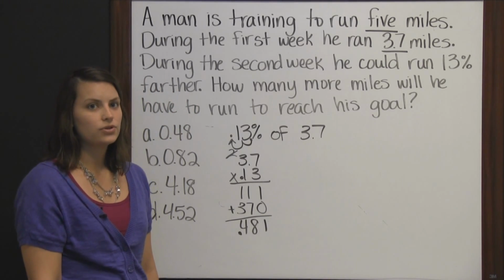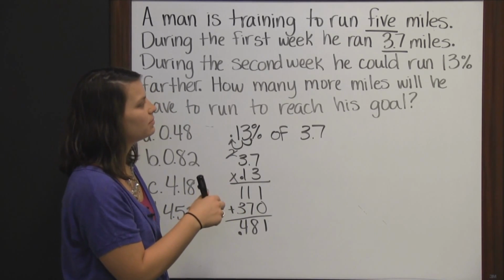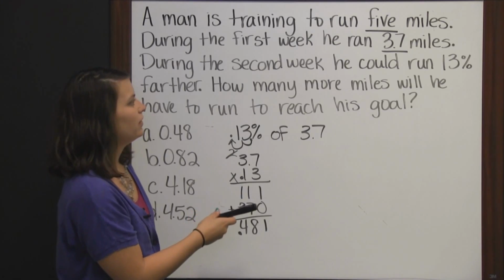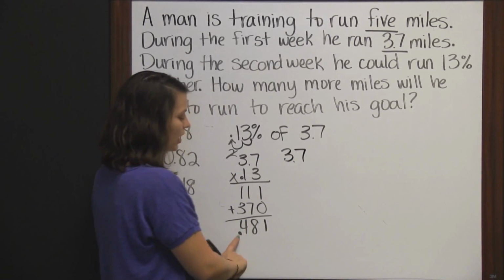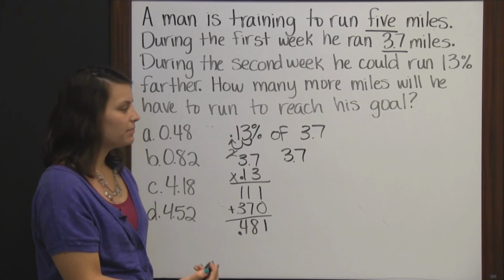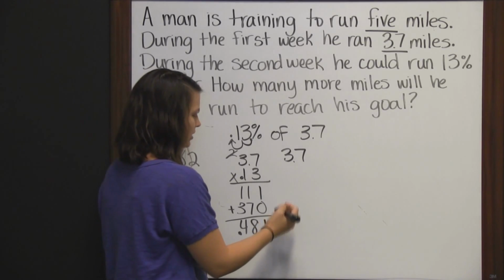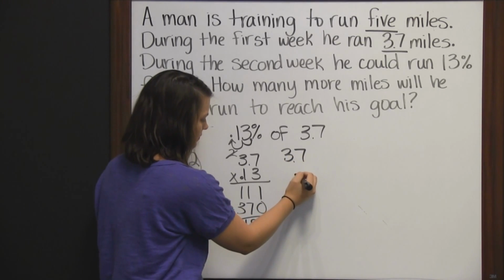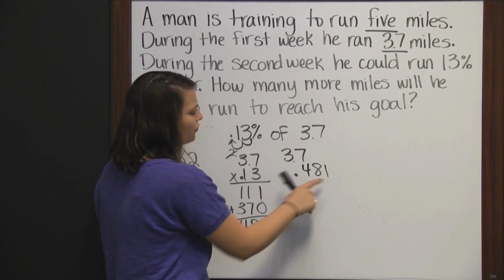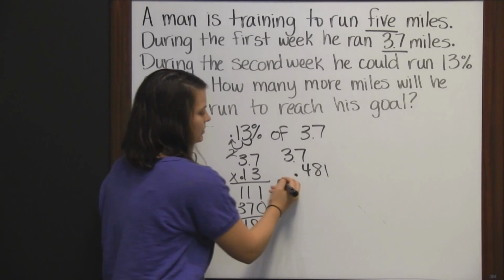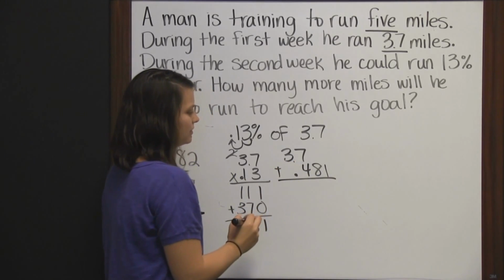the decimal. So when it said he could run 13% farther, then that means the 3 7/10 miles plus the 13% of 3 7/10. So we have to line up the decimal, and we have 481 thousandths that we need to add to 3 7/10.